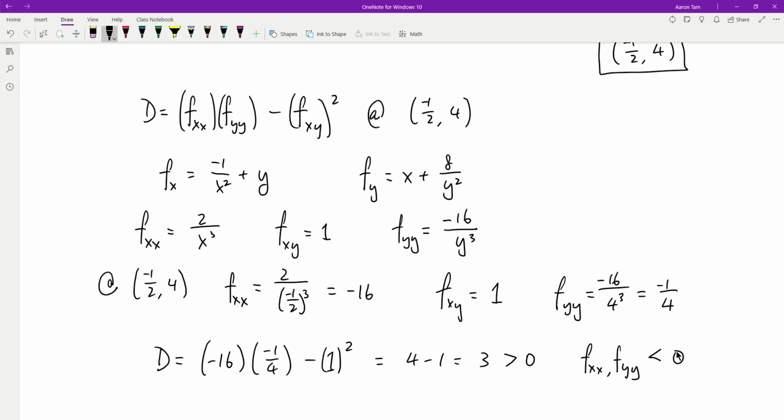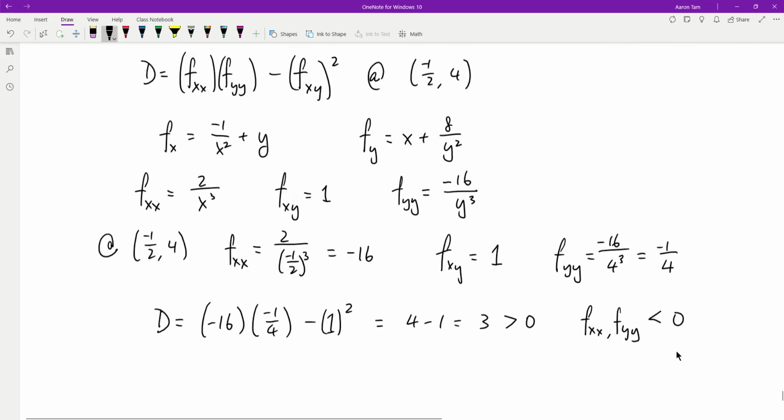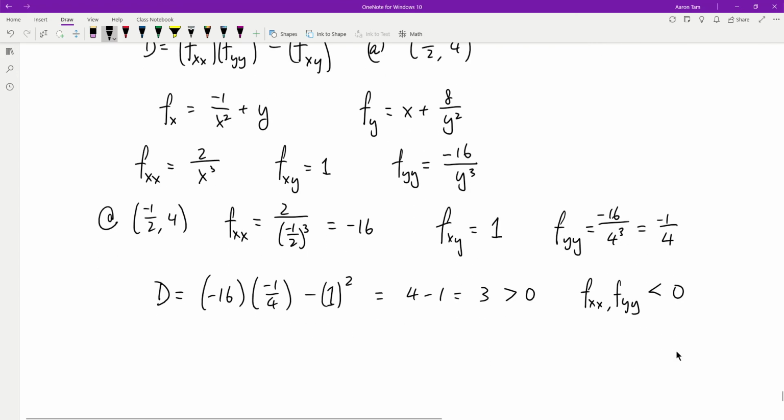Based on what we see from the theorem, this is case 2. And therefore, f has a relative maximum at negative 1/2, 4.